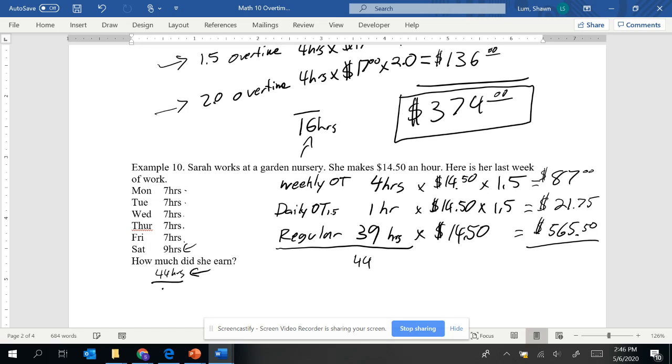Now we need to add these up: plus 21.75 plus 87. And the total amount made is $674.25.